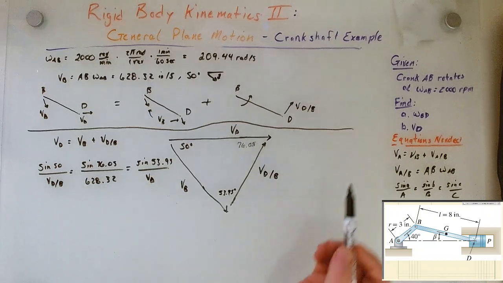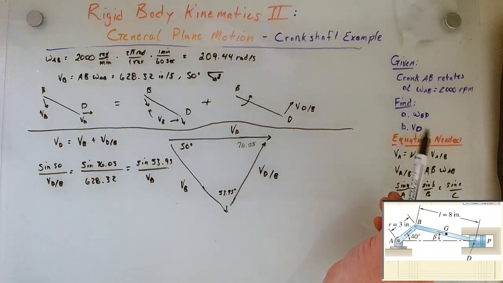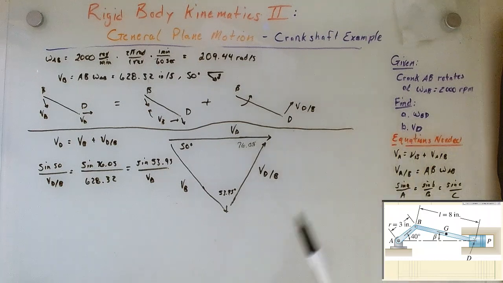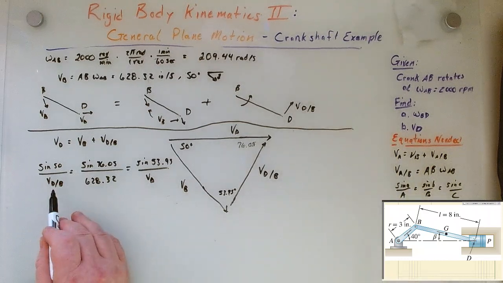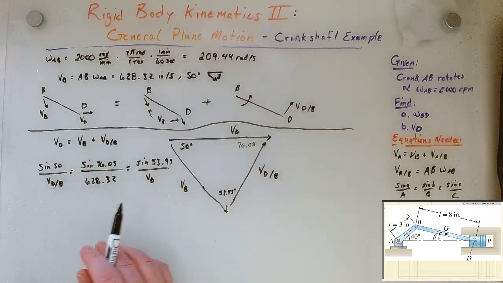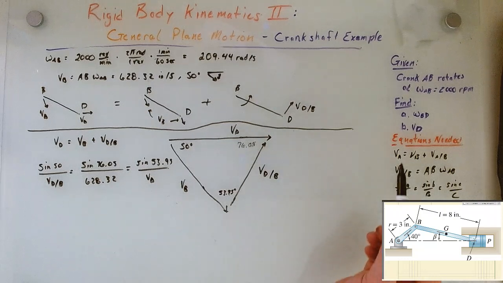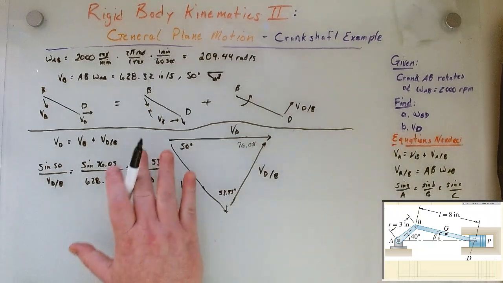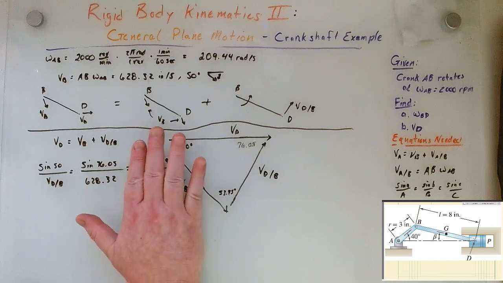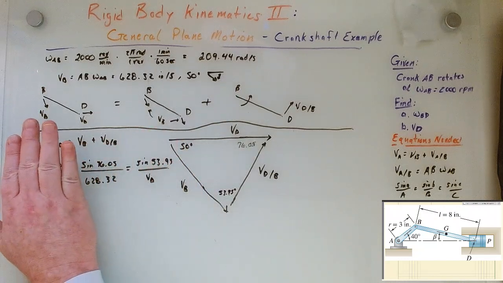And from here, we just take turns, because we need to solve for omega BD, which we get from the velocity of DB. In order to solve A, we use these two, and in order to get B, we use these two.